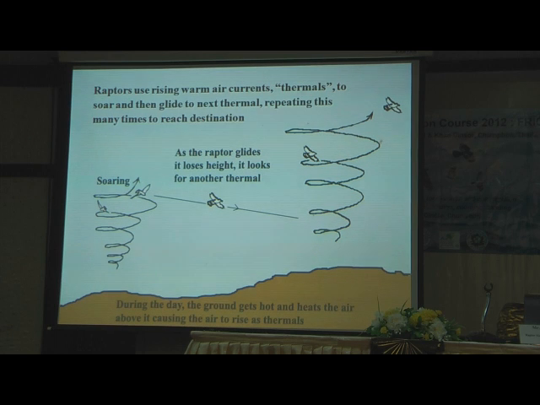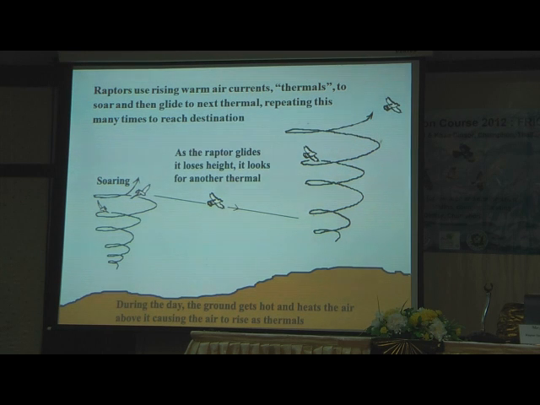One of the main methods that raptors use to save energy is to use what we call thermals, which are rising columns of hot air, which occur when the earth gets heated up by the sun.